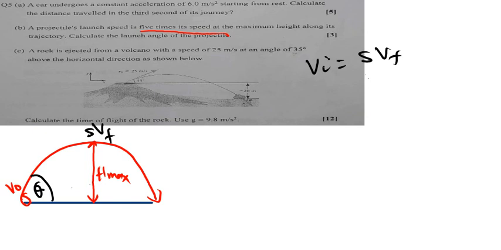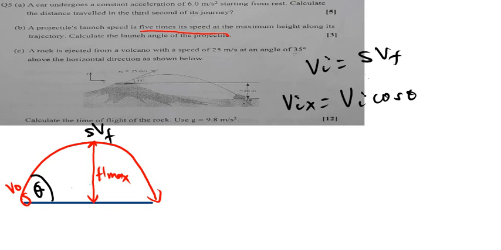Now we also know that this v initial in the x direction is going to be v initial cos theta. This velocity and that velocity are going to be the same at that point. So what are we going to do?